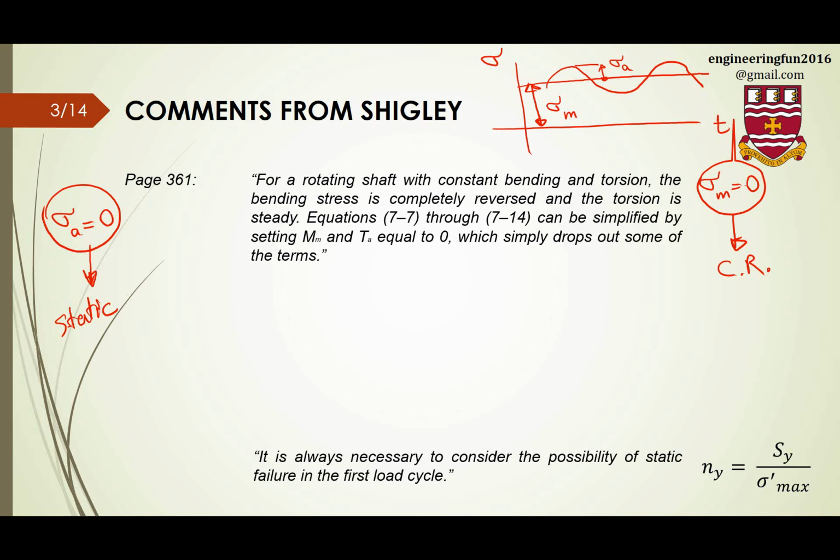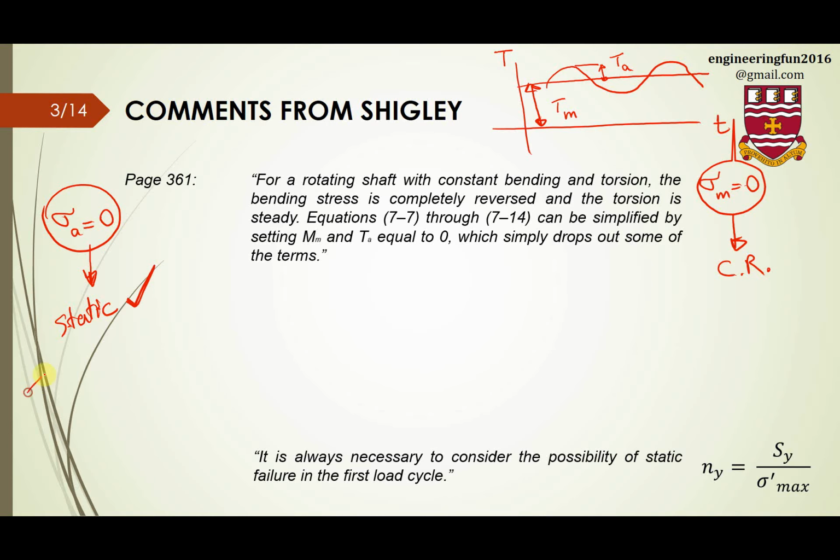Now I want to change this stress to, for example, torsion. If I have a torsion like this, I can say this is my mid-range torsion and this is the amplitude of the fluctuation. If the amount of torsion is constant, it means we have static torsion.